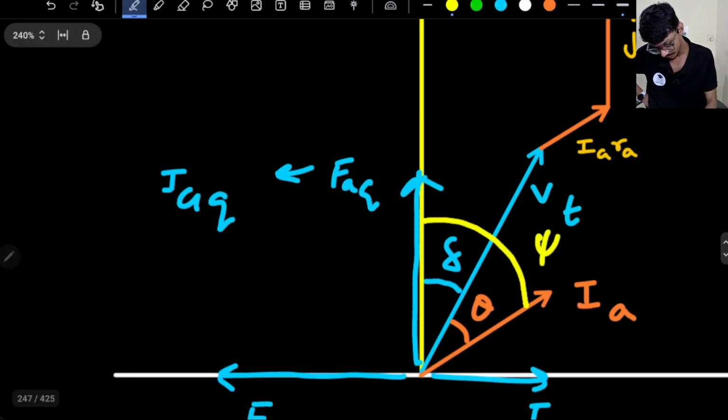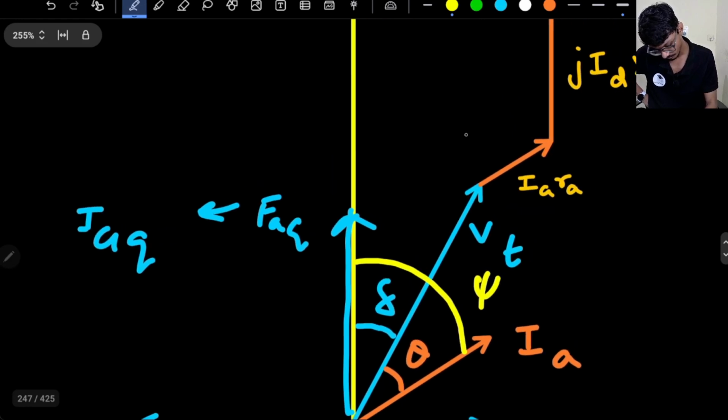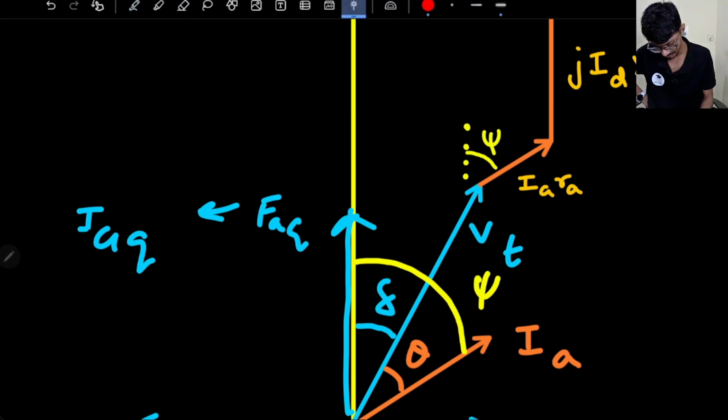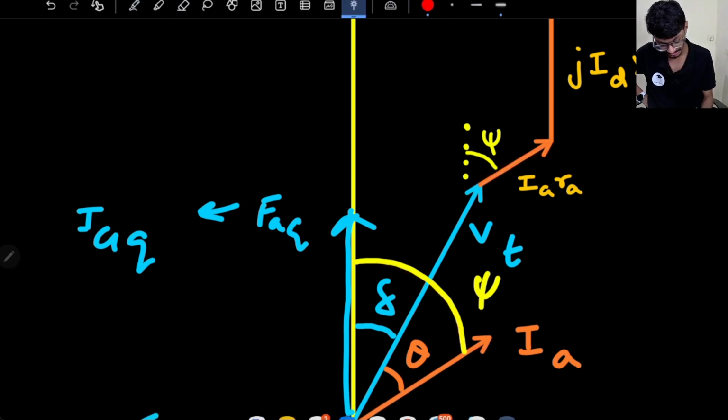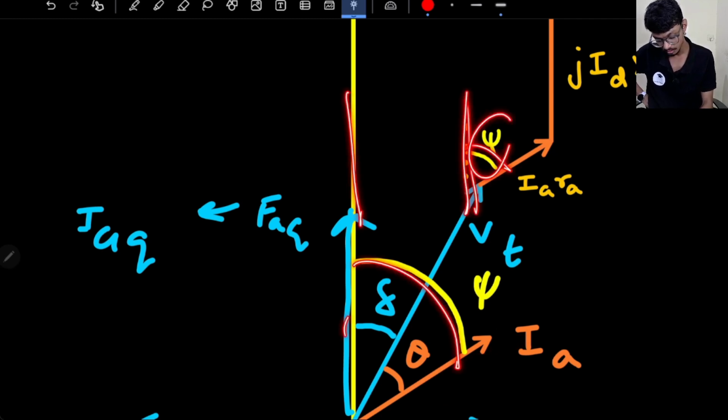So this angle will be psi, because these are parallel to each other, although it does not look like that. So this is psi and this is also psi.